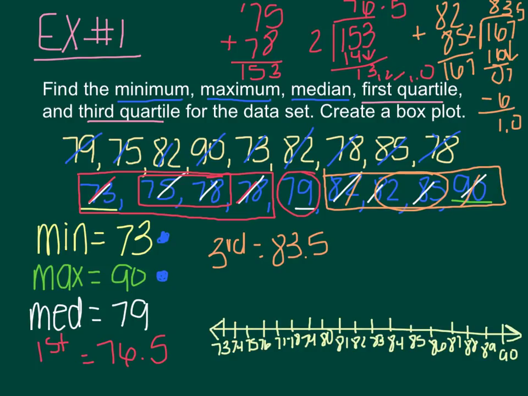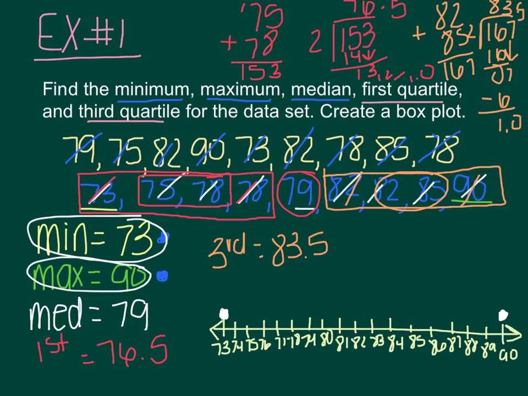And now I just plot my different points. So first I'll start with my minimum, which is 73. And I'll make a point there. And my maximum is 90, so I make a point there also.